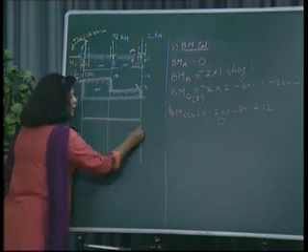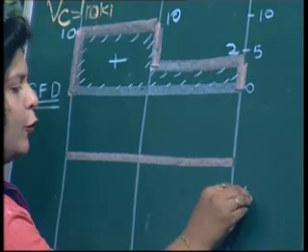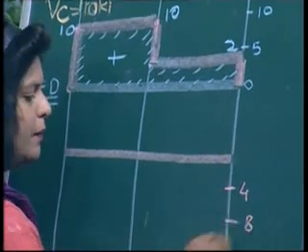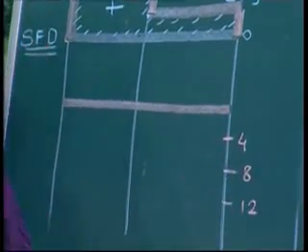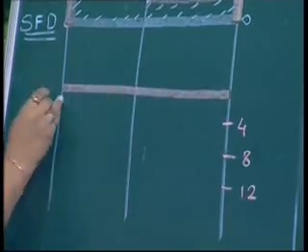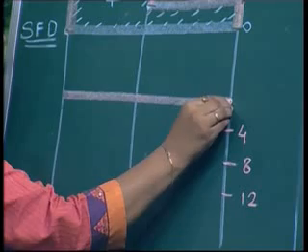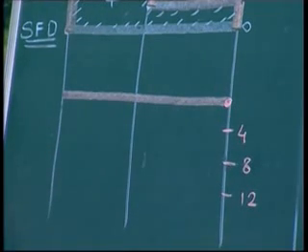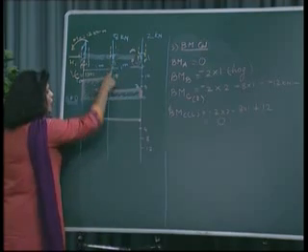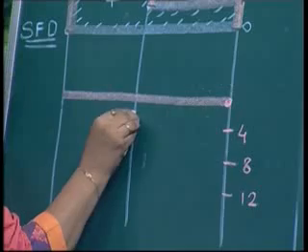So, we can take it as 4, 8 and 12. It is negative, that is why we are moving below the baseline. Bending moment at point A is 0, bending moment at point B is minus 2. So, at point B we go to minus 2.